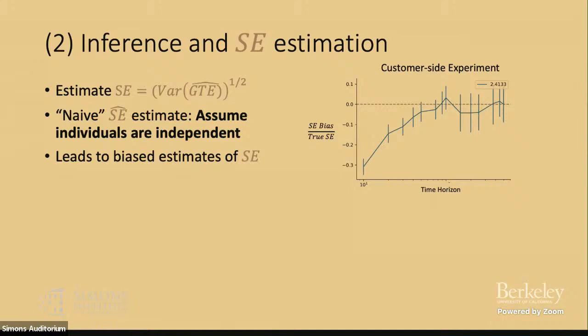One thing that we find is that when the time horizon is shorter for an experiment, you actually have much worse bias. The size of your standard error bias is roughly around 30% the size of the actual standard error. But as the experiment runs for a longer time, the relative size of the bias will actually decrease.